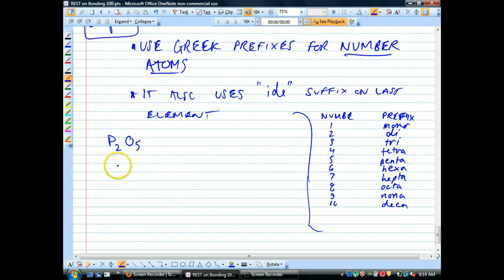So something like P2O5 would be diphosphorus pentaoxide. We say the full name of the first element, just like when naming ionic compounds, but this time you do use the prefix di: diphosphorus pentaoxide.